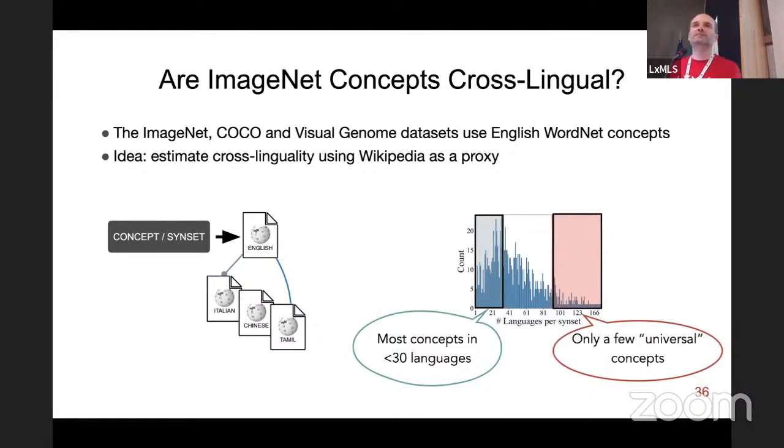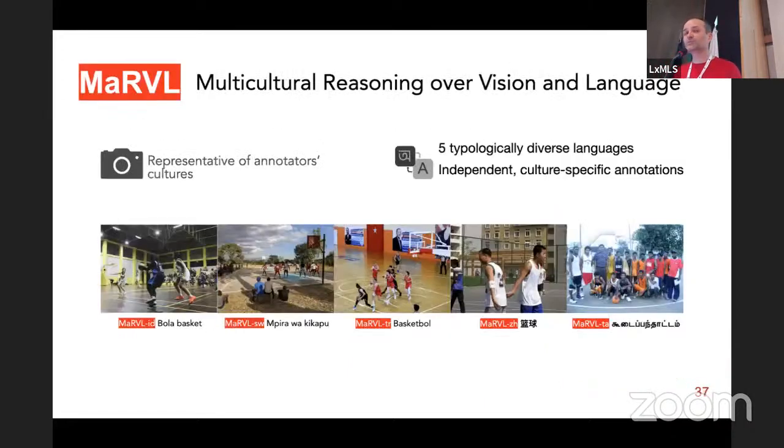And I know that Wikipedia is not the ground truth of conceptual representation across humanity, but it suggests that there's something missing here. And so what we did was to introduce this resource that we call Marvel, where the images are representative of annotators' different cultures, and the text is from 5 typologically diverse languages where we have independent and culture-specific annotations.